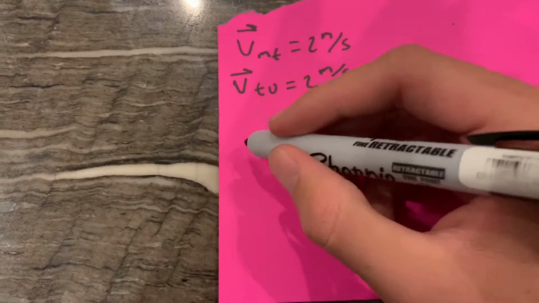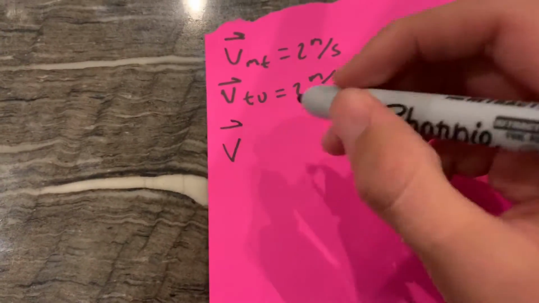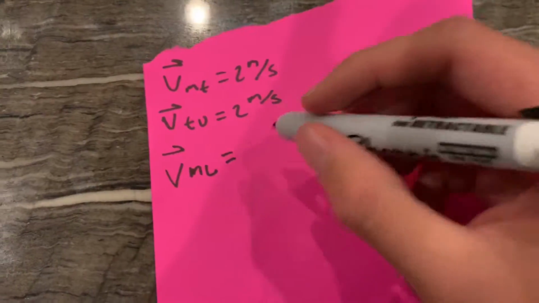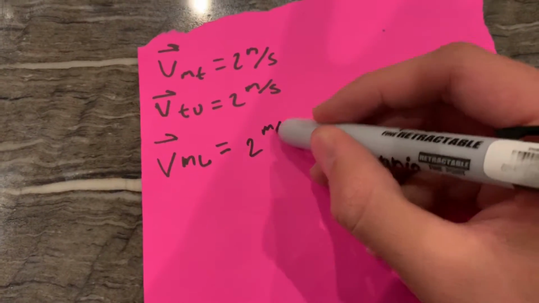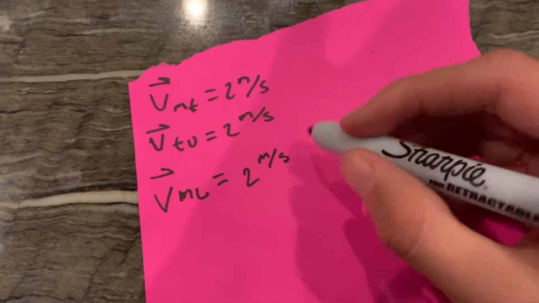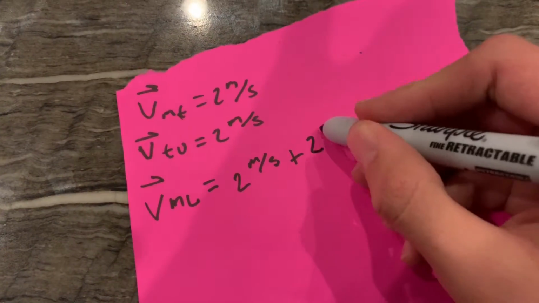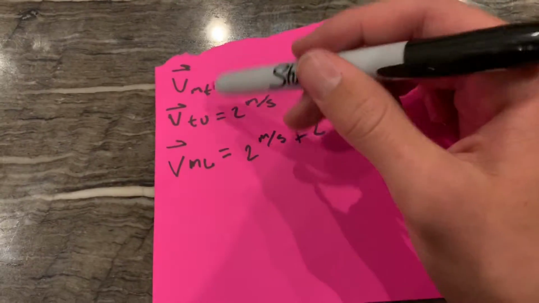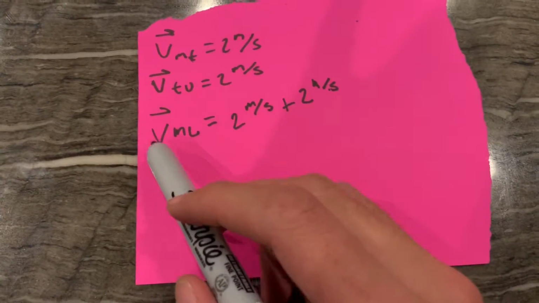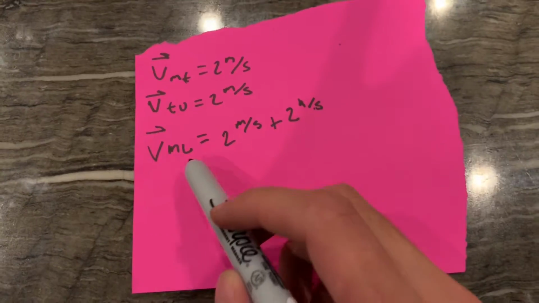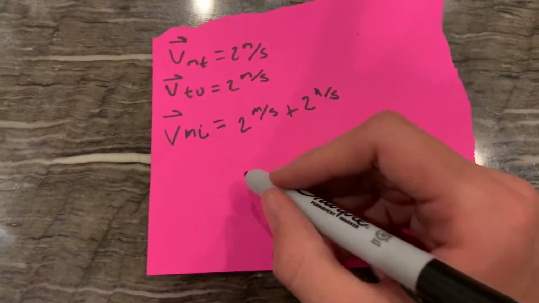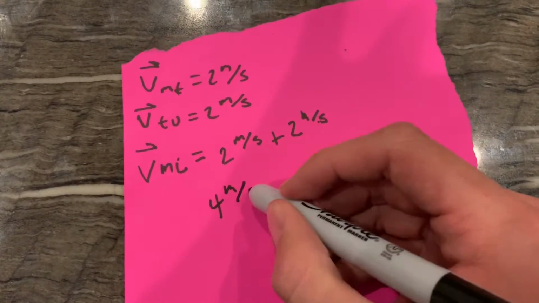The velocity of Mario with respect to us is equal to 2 meters a second plus 2 meters a second once again. You add these two vectors together, and that gives us the velocity of Mario relative to us, which would be 4 meters a second.